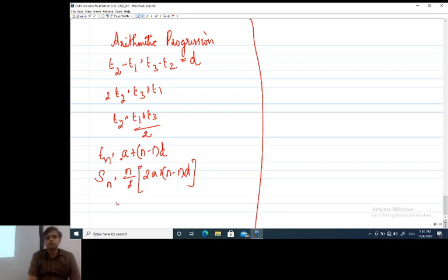So this can also be rewritten as n by 2 into A plus Tn, which is the last term till which you are adding, popularly called L. In many textbooks they show it as A plus L. The Tn formula I have given above, and this is the same. So I'm using Tn. You can use A plus L also.